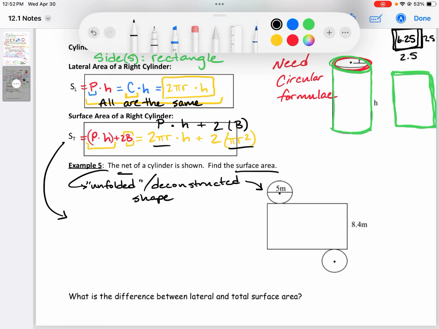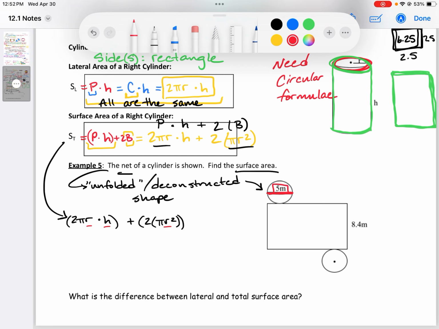So we're looking for surface area only. That's going to be this formula right here. It's going to be 2 pi r times height plus 2 times pi radius squared. So I really need 2 things from this picture. I need the radius and the height.